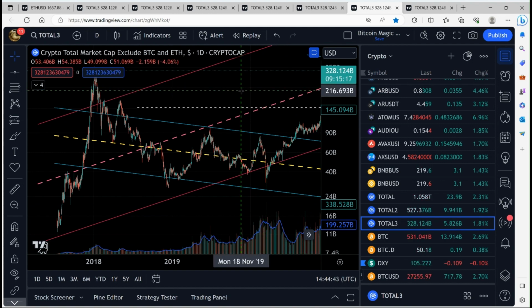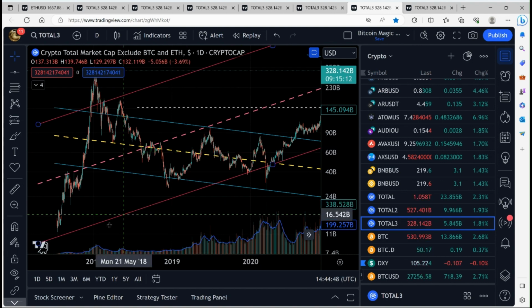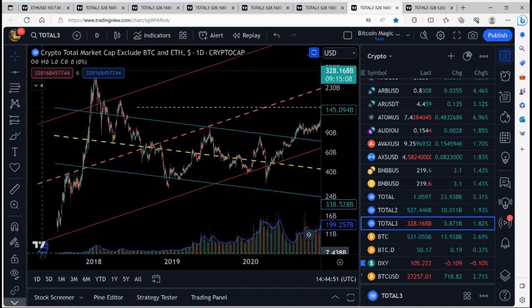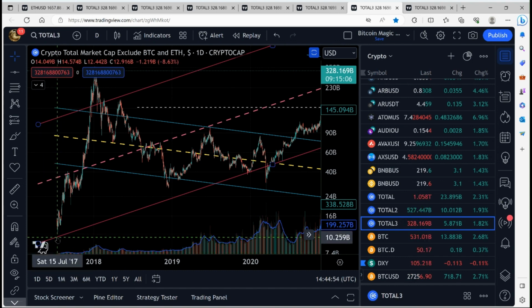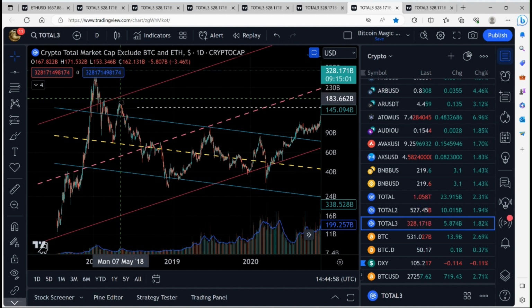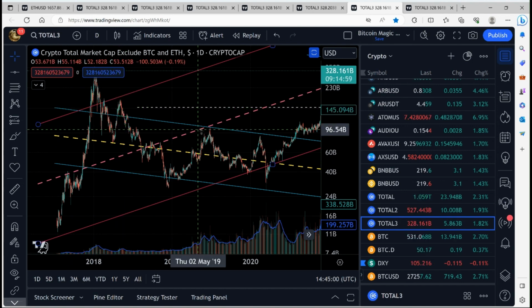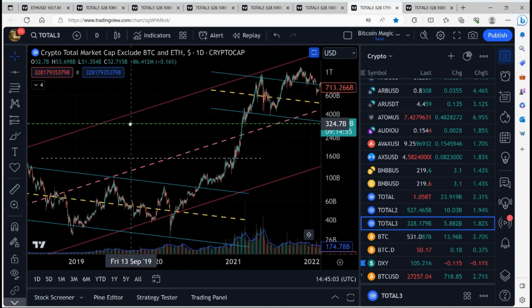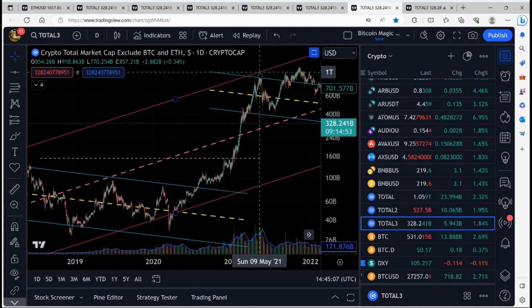I'm going to show you a different one with more lines on it. But these channels are drawn the same, with the bottom at the start of the chart here, the top here touching here, the center line touching here, and the top as well touching our high here.